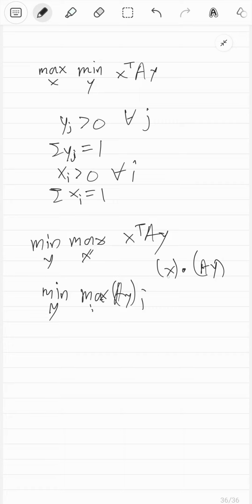So the coefficient of x sub i would just be (A y) sub i, right? So if you imagine, this is just a weighted sum, and then we know that by the power mean inequality, the maximum value is what we are going to go for. Yes. Okay, cool.